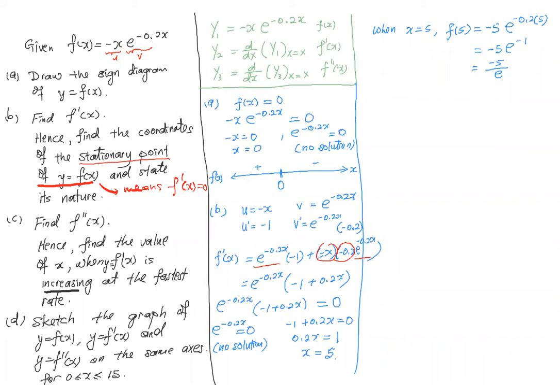So if I want to know the nature of the stationary point, what must I do? Yeah, what must I do? Sebastian? dy dx equals 0. No, I want to know the nature. Oh, nature.